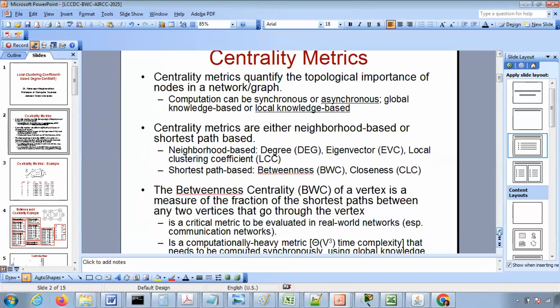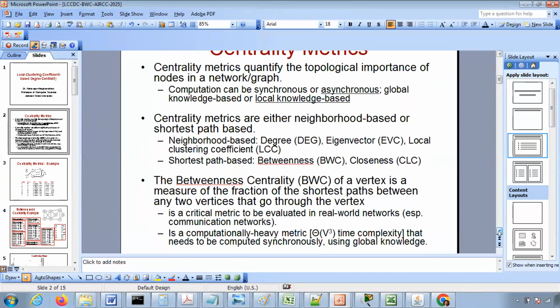Neighborhood based metrics take into consideration just the neighbors of a node, that means who are connected to a node, and based on that they go through some algorithms to quantify how important the vertices in a network are. The shortest path based approaches take a different direction. They try to quantify how important a node is based on its presence in the shortest paths between any two vertices, or how close the vertex is to the rest of the vertices in the graph.